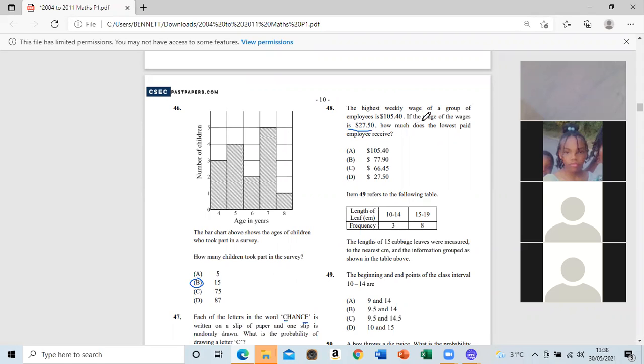So if I identify those keywords, how much does the lowest paid employee receive? Sir, B. B, 77. Yes, sir. So 105 minus this gives you 77, right?